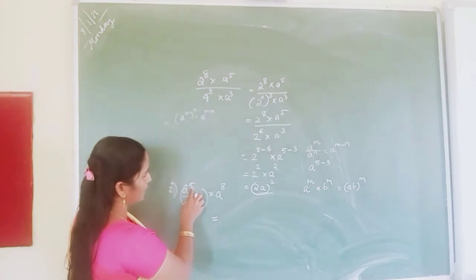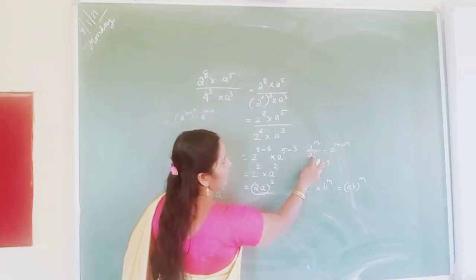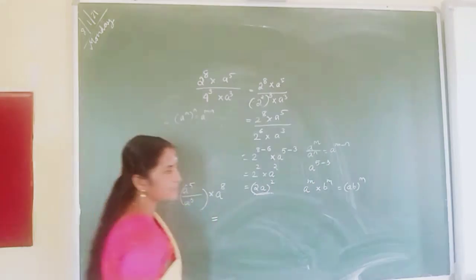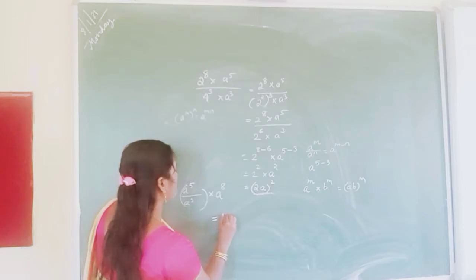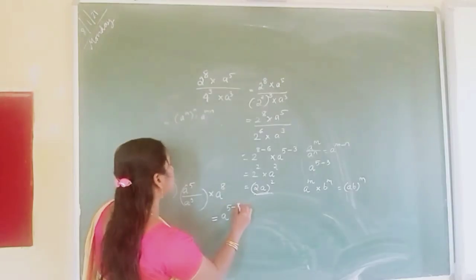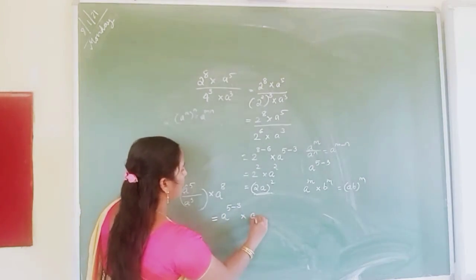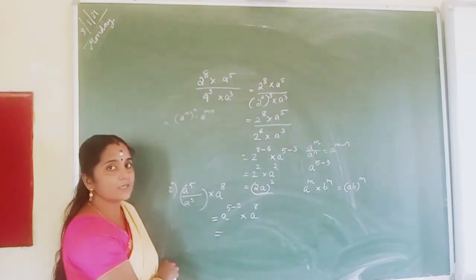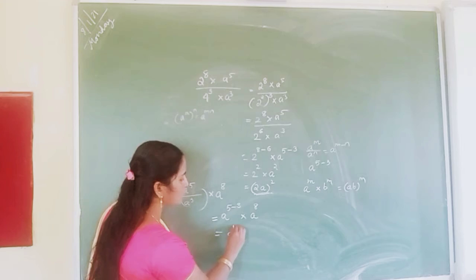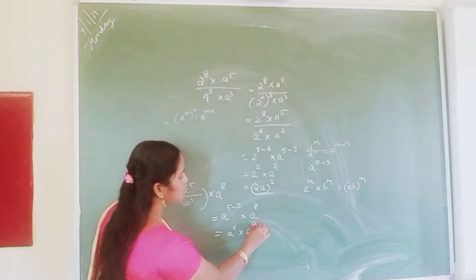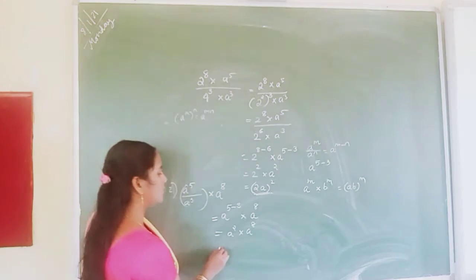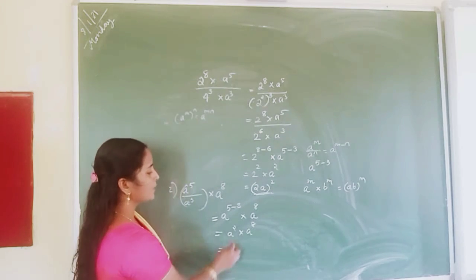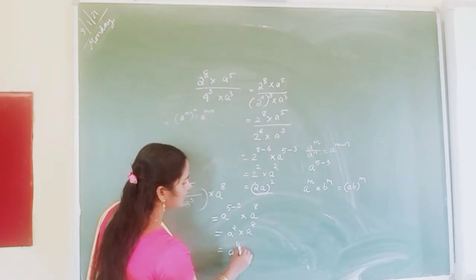A raised to m by a raised to n is a raised to m minus n. So a raised to 5 minus 3 into a raised to 8. So a raised to 5 minus 3 is a raised to 2 into a raised to 8. It is equal to a raised to 2 plus 8, it is 10.